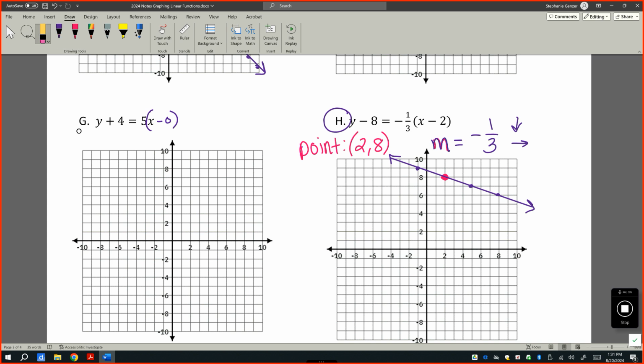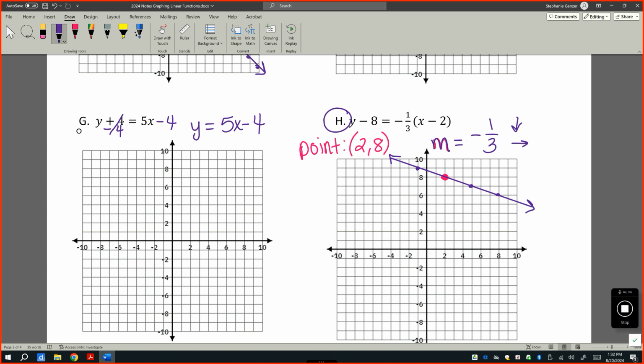Or you could say, you know what, this is very easily slope-intercept form if I just move, because you know in algebra you can move stuff around, right? You just have to do it correctly. So you can move that +4 over here by subtracting 4. Is that what a lot of y'all saw? So in slope-intercept form, it's y equals 5x minus 4. So if you had something like that on a test or quiz or whatever, there's no wrong way.